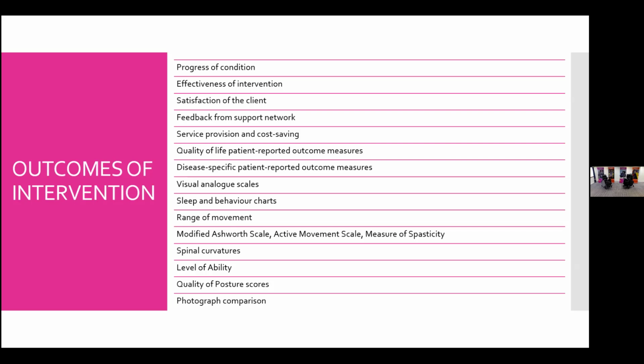Photographs, again, are really helpful here to compare, and we can look back at what the chair was originally doing, and are we still meeting those needs, and is it still working as intended?